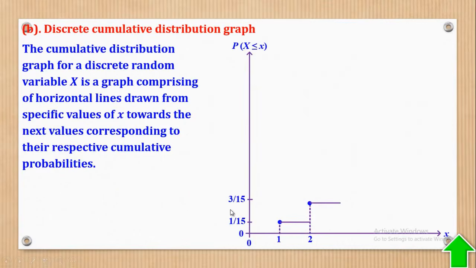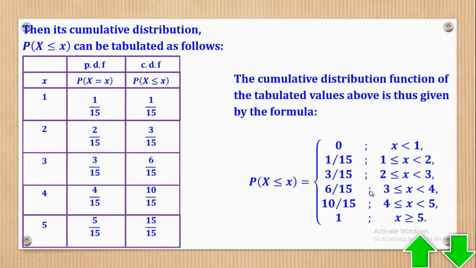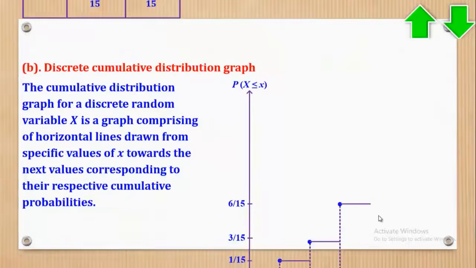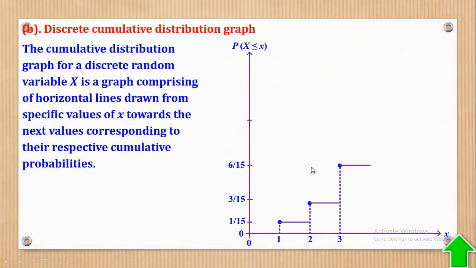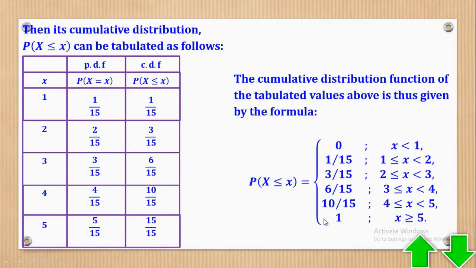So come here and draw 6 over 15, like that. Then this one goes towards 4, but when it reaches 4, it is also going to jump to 10 over 15. So let's see that. It goes towards 5, and when it reaches 5, it is going to jump to 1.